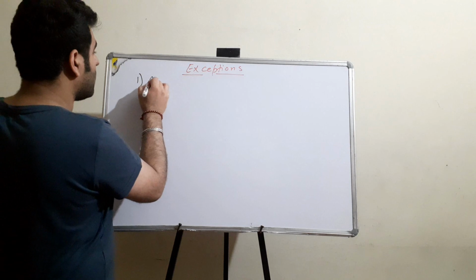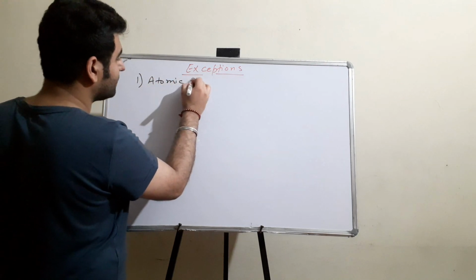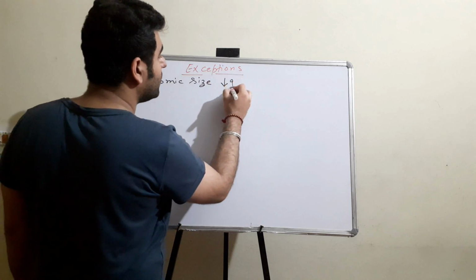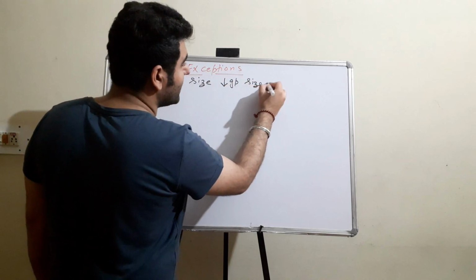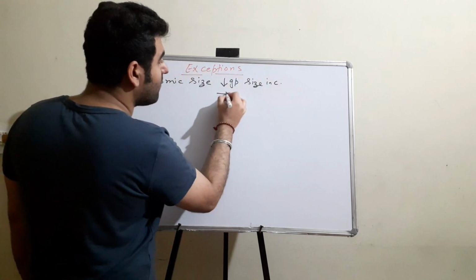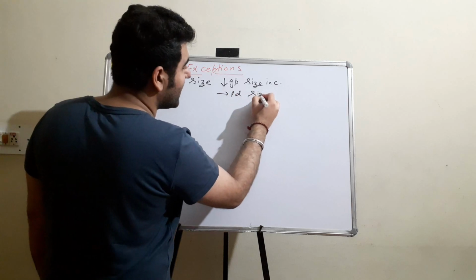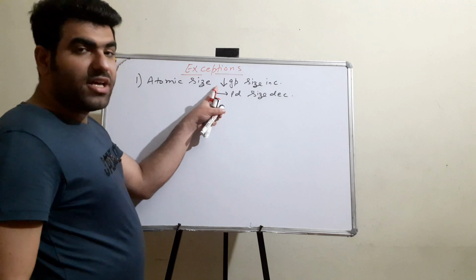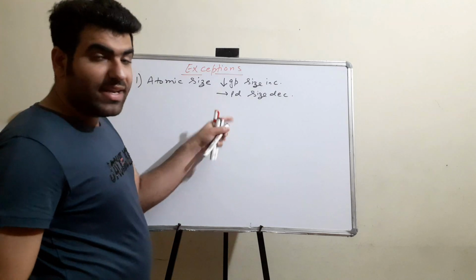So first is the atomic size. If we are moving down the group, size increases, and if we are moving along the period, size decreases. For the group there are no exceptions, but for the period there are.